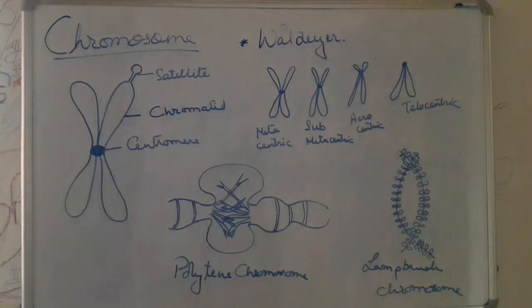Then we have two types of giant chromosome: one is the polytene chromosome, also known as the salivary gland chromosome, and the other is the lampbrush chromosome. Remember one thing, in polytene chromosome the puff consists of RNAs. Similarly, the loops also are rich in RNAs. So this is all about the chromosome part.